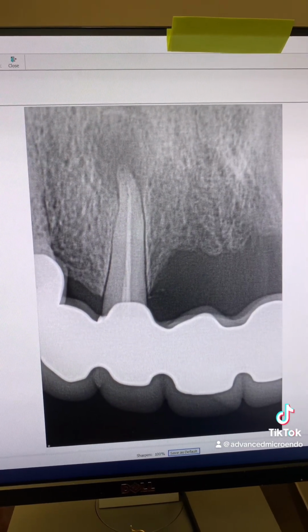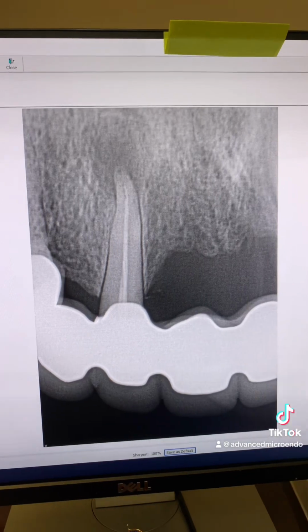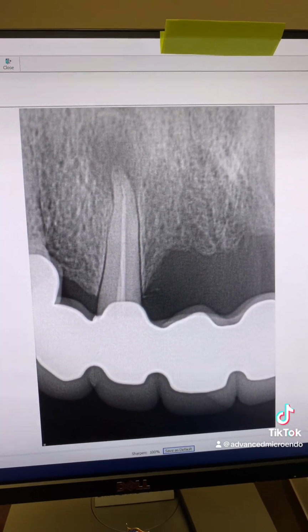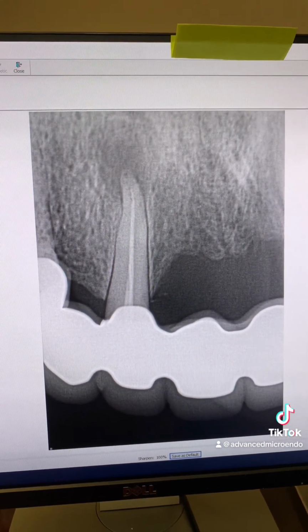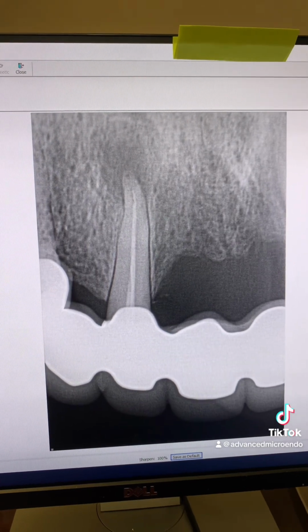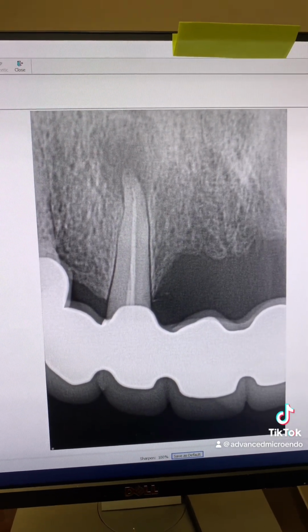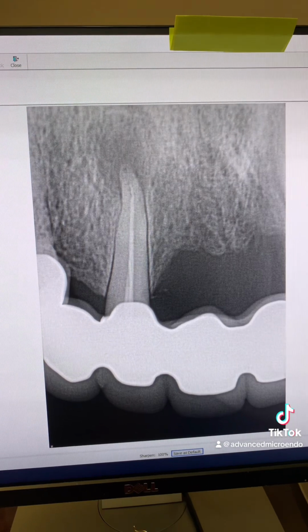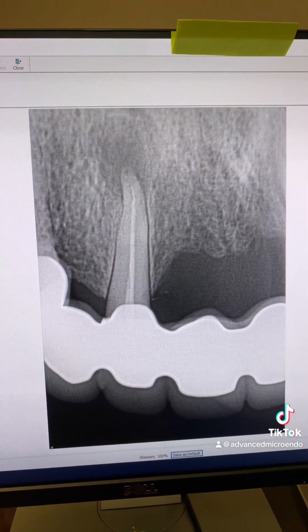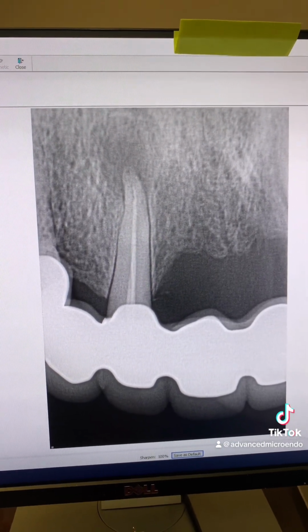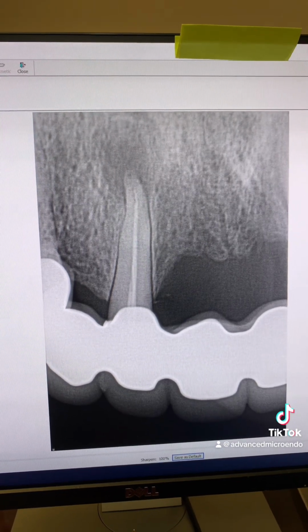You're welcome to go back to your dentist, have your dentist remove the bridge, and come back and see me, and then I'll do what I need to do. Then you go back to your dentist, and your dentist can re-cement the bridge permanently. So the patient said, fine, okay, I'll do that.